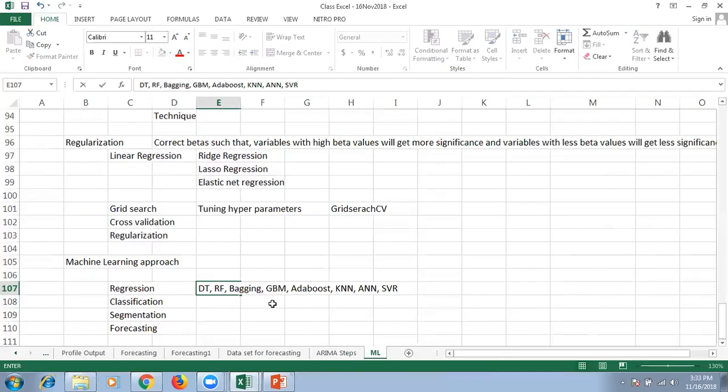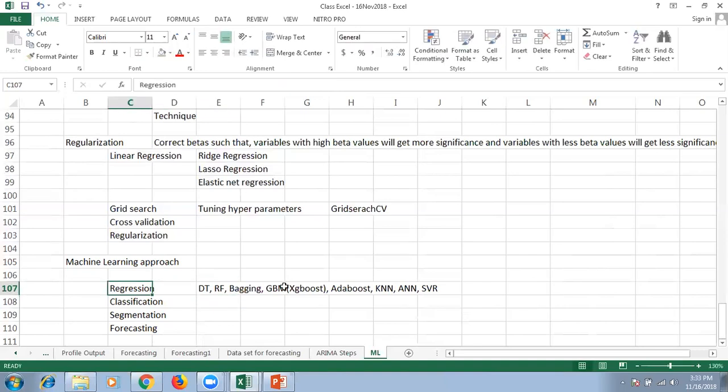Of course, there is an extension of GBM, XGBoost. If someone wants to know, XGBoost is the same algorithm as GBM, but it comes with some additional features. So these are the techniques that can help you solve regression problems.